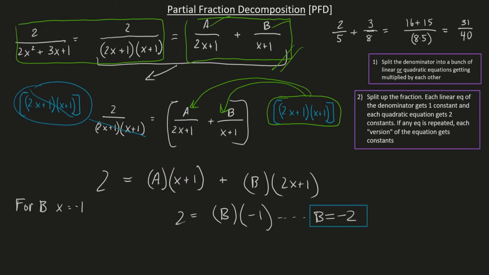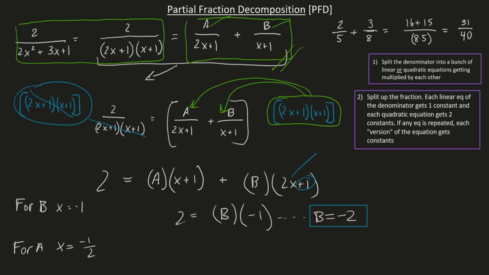Alright, so now we've got to find a somehow. What specific value of x could I plug in that could eliminate the b? That would, in a sense, make this binomial here equal to 0, so 0 times b is a 0. Well, if I really think about that, that will be -1/2. Because -1/2 times 2 is -1. -1 plus 1 is 0.